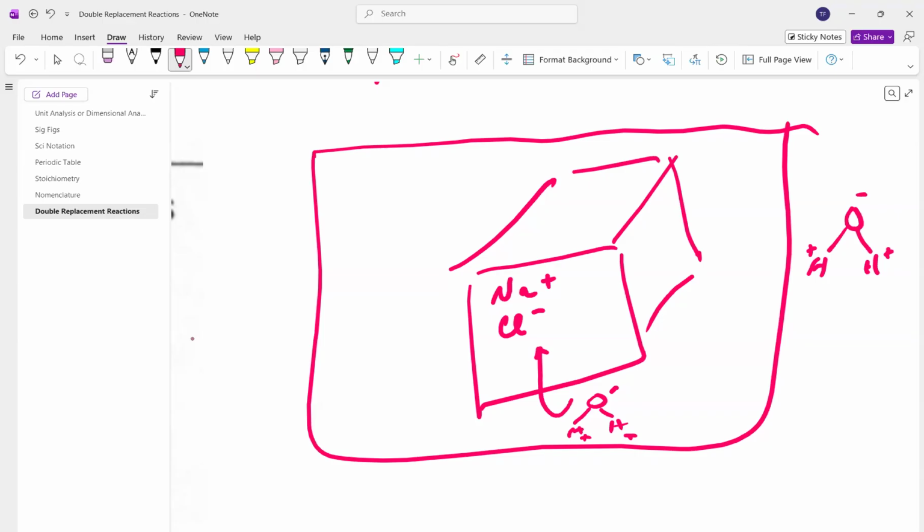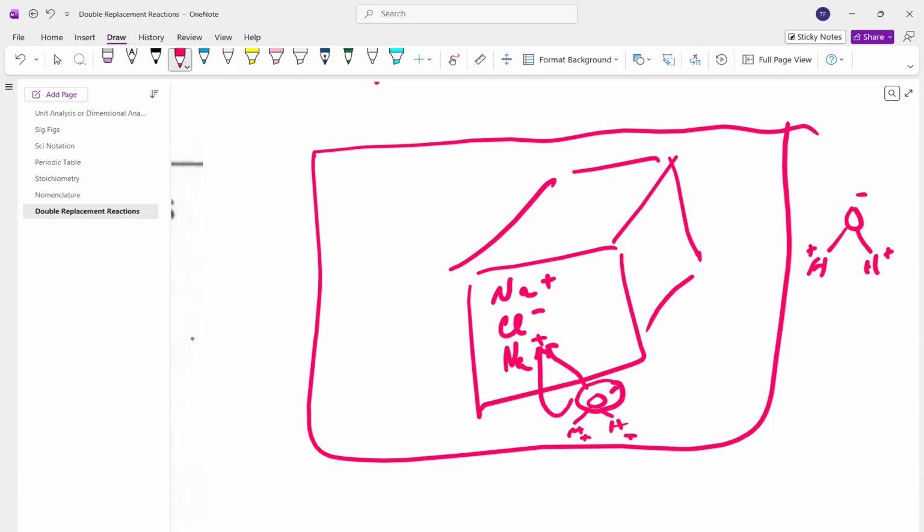Now, what happens is this negative oxygen, remember partially negative, attracts that positive sodium and it pulls it out of the crystal.